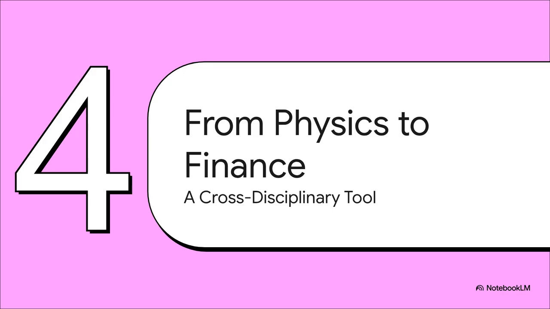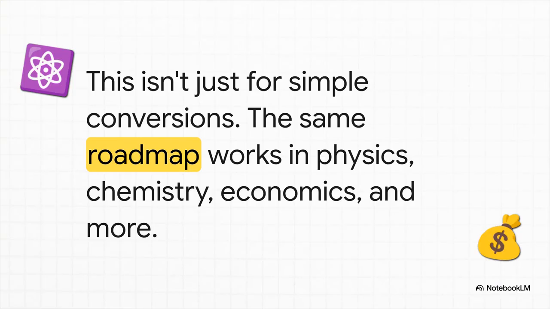Now, you might be thinking, okay, that's a neat little trick for my math homework. But this same exact roadmap is used by professionals every single day to solve some seriously complex problems across all sorts of fields. So let's see how this goes from just a simple conversion to a real multidisciplinary tool. The logic doesn't change one bit, whether you're converting miles to kilometers or you're calculating something like energy yields.